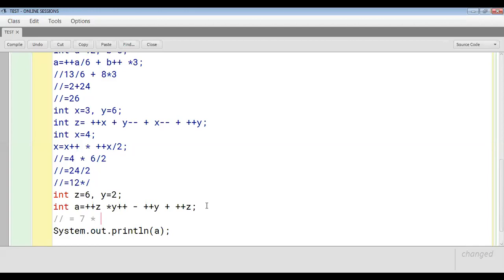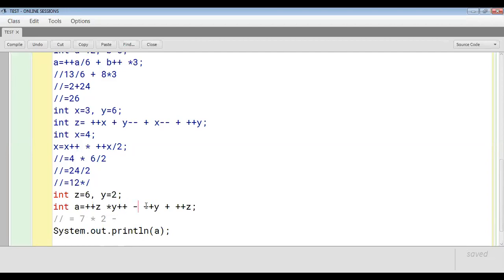Right now it will keep it 2 only, because it's a postfix. Now the value of y has become 3. 3 minus. Now what's the value of y? 2. So here it will come 2 because it's a post. And after this, when it reaches this point, the value of y has become 3.